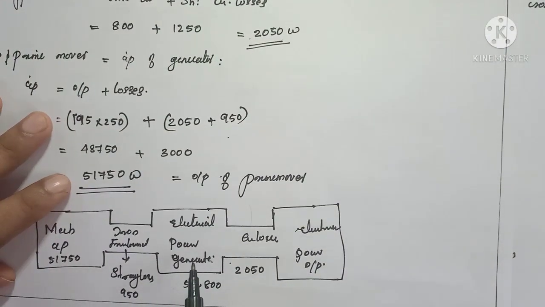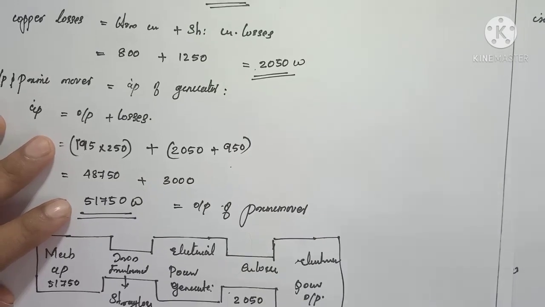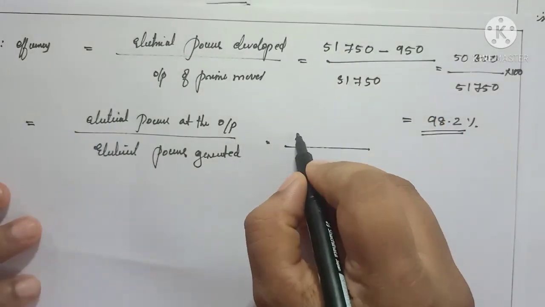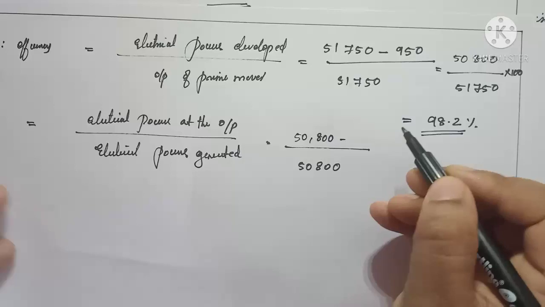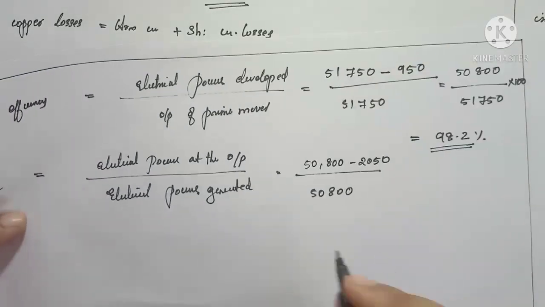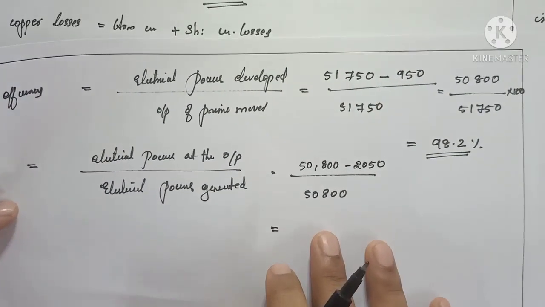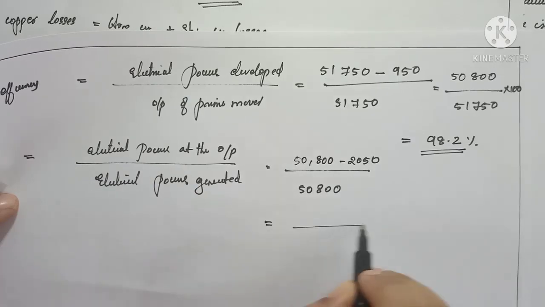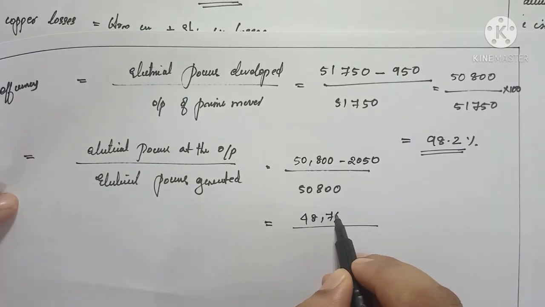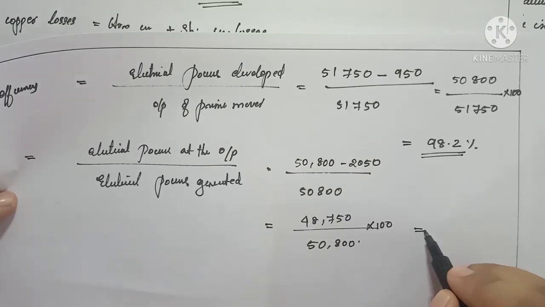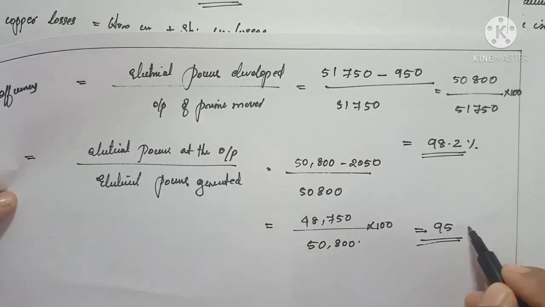So 50,800 minus 2050, and we will get 48,750, divided by 50,800 into 100, that is 95 percent efficiency.